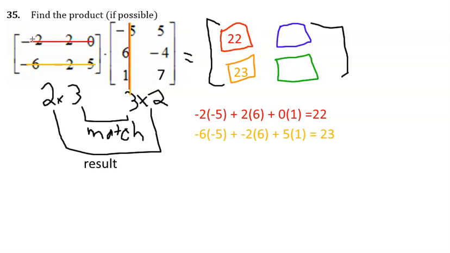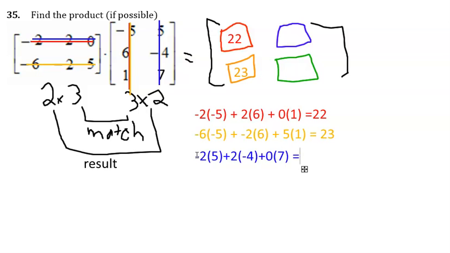So we'll take the first row times the second column here. We'll multiply that out. So we have -2 times 5 plus 2 times -4 plus 0 times 7.